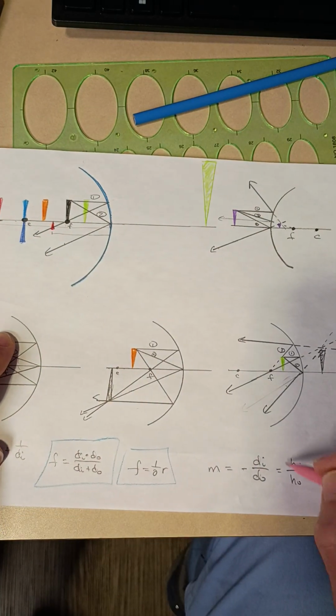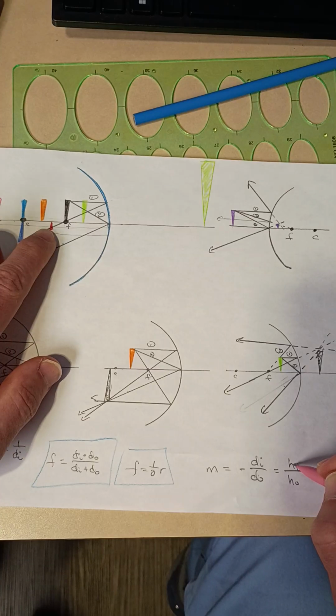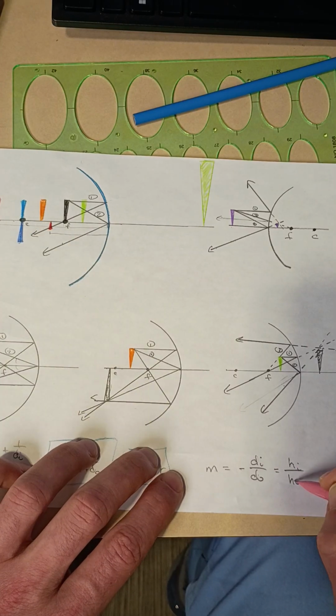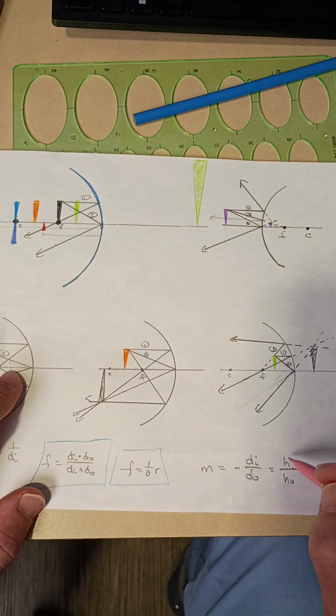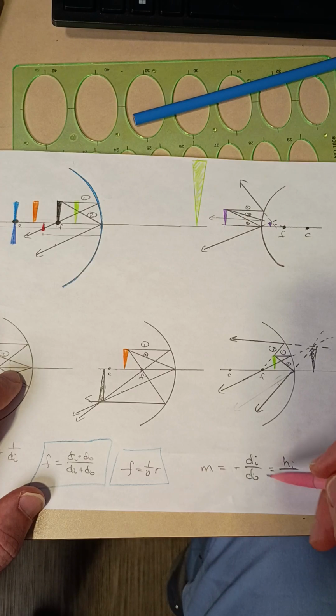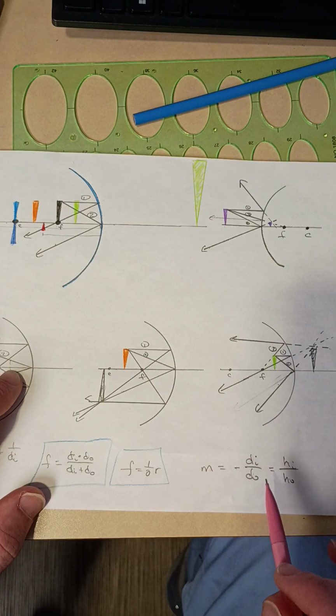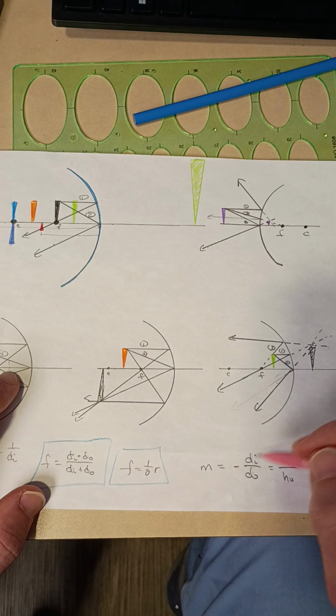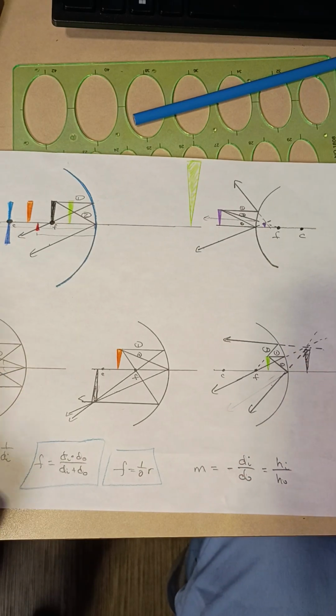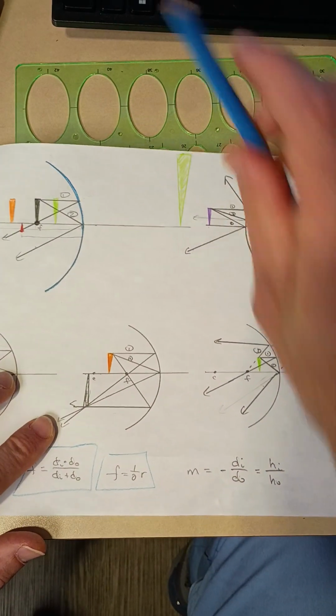So height of the image is negative and it's small, and then height of the object is positive and it's bigger, right? So a small number divided by a big number is less than 1. So this magnification would be a negative value, and then it would be a small number, like negative 0.5 or something, right? Okay, so that is another formula.